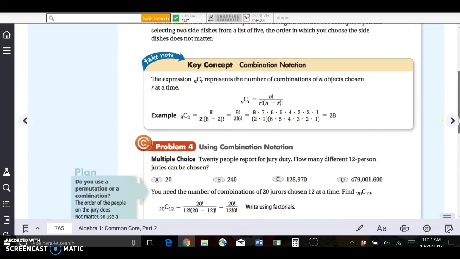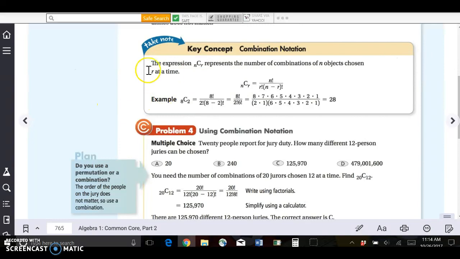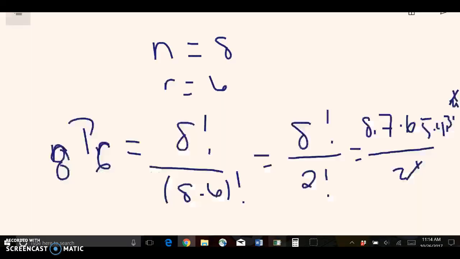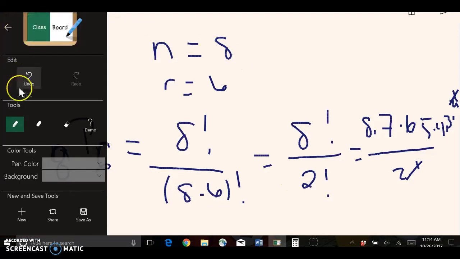Now, something that I feel like the book did not do an adequate job of explaining is the difference between the combination and the permutation. So, please indulge me for just one quick moment. Permutation, order matters.